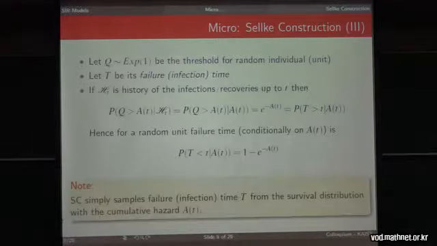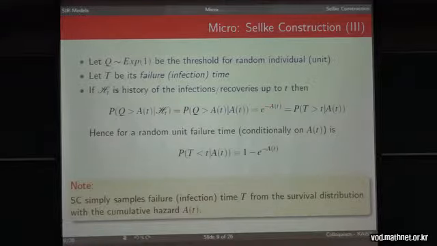Okay, so that's one. So basically, let's look at this a little bit more carefully. It's not that difficult to see that if I have an individual who was uninfected by time t, then conditionally on the history of the process, this individual will be only affected by this history through this quantity A_t at time t. So if I condition on A_t, I can write that this probability of Q being greater than A_t, which is basically telling me that this individual Q has survived beyond this time t, is this, because remember, this Q was exponential with rate 1.